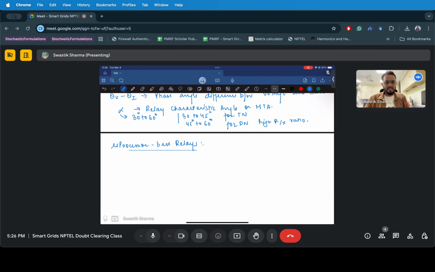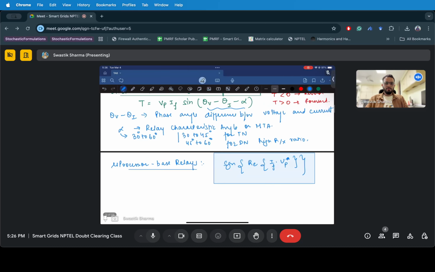It computes the sign of the real value of the dot product between the fault current and the polarizing voltage, which is the complex conjugate of this. By calculating this sign and seeing if it is positive or negative, it can issue a trip command or a trip signal.